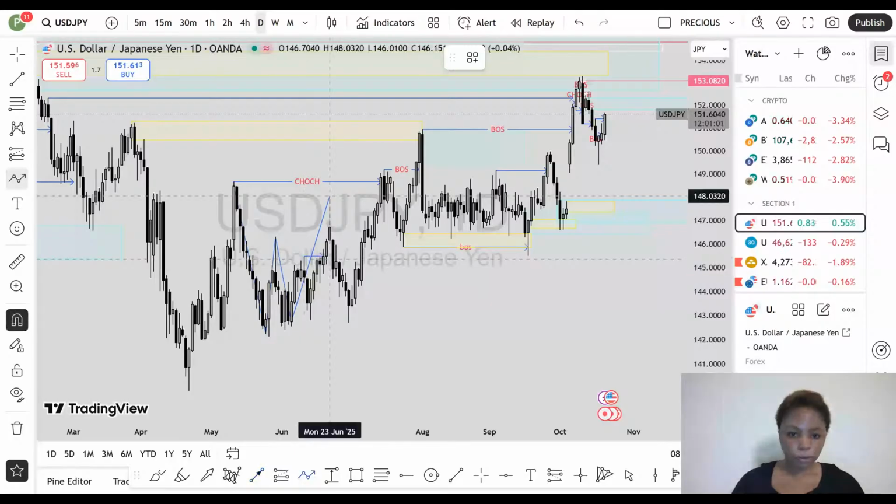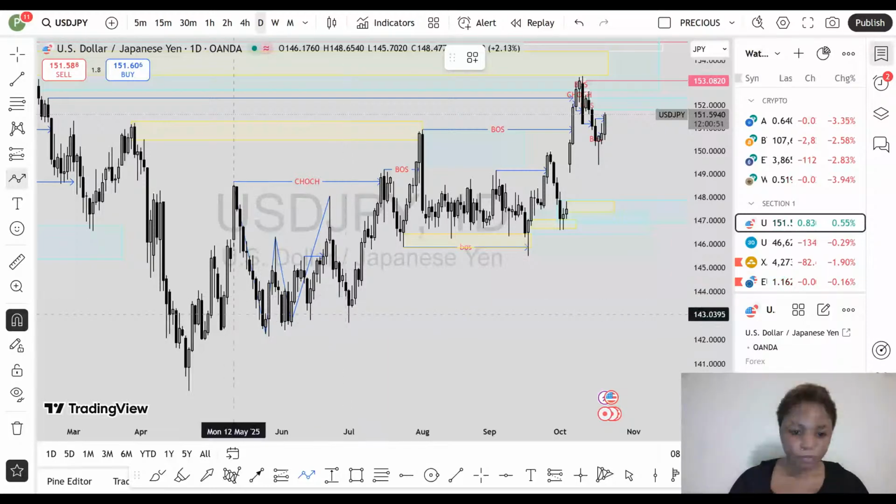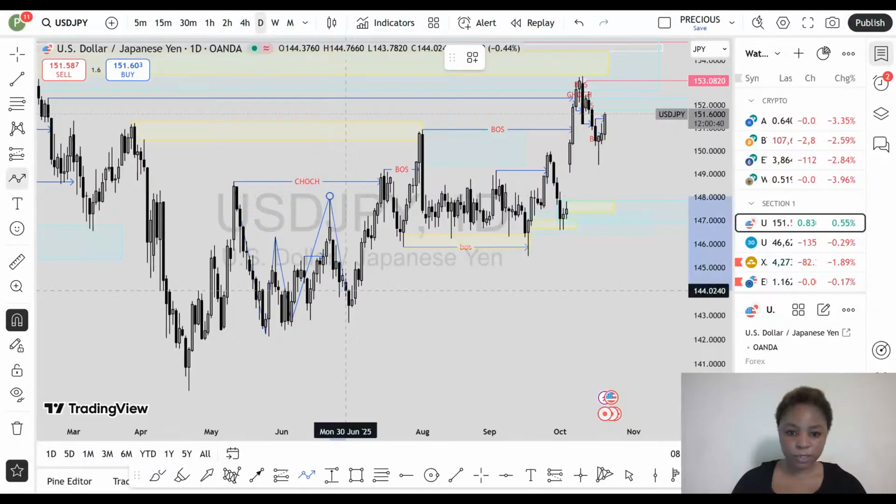So the market moved from this level again. The reason why the market is giving us this retracement back to this level is because we have a break of structure to the downside here, and then this region here is a sell. We have a supply level here. So the market was able to move and we have this sell here.